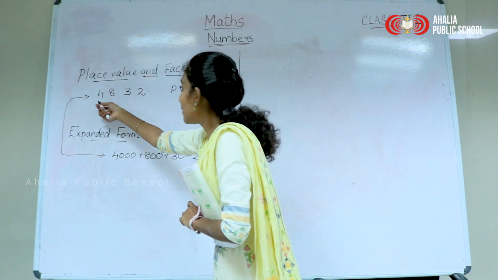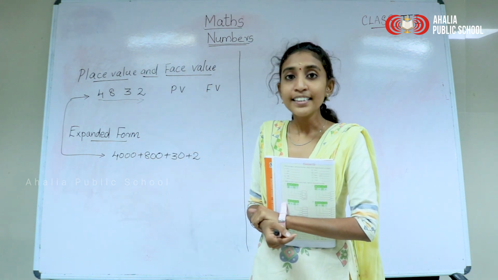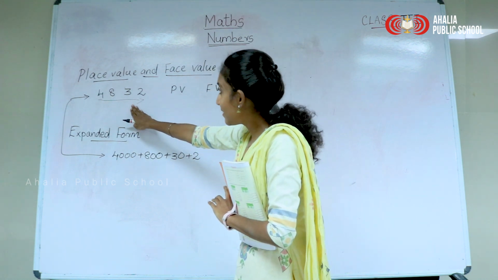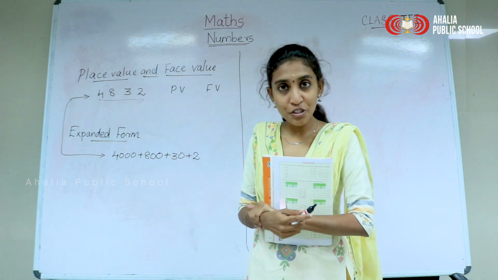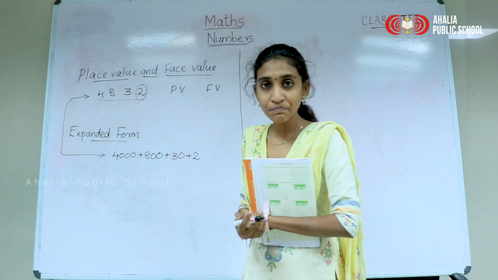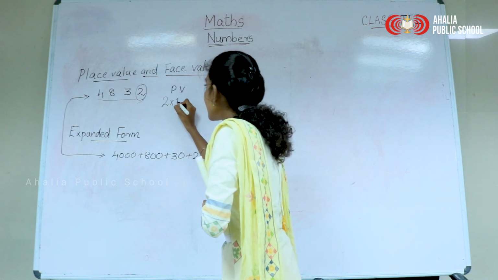So we have a number 4832. So children, tell me what is the place value of 2 here? Yes, 2 is in 1's place.